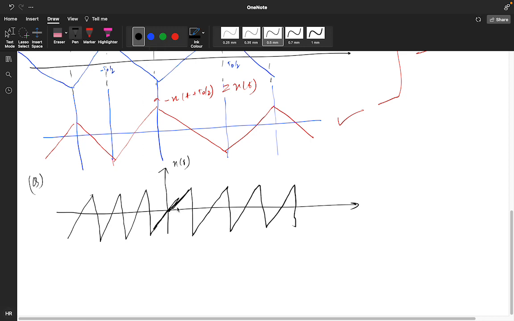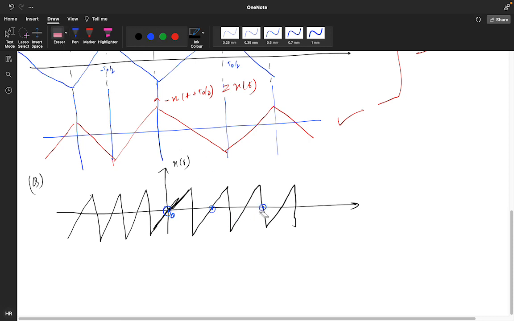Actually the curve is starting from here, right? If the curve is starting from here at 0, the next time period should start from this point, then only we will get the same curve.